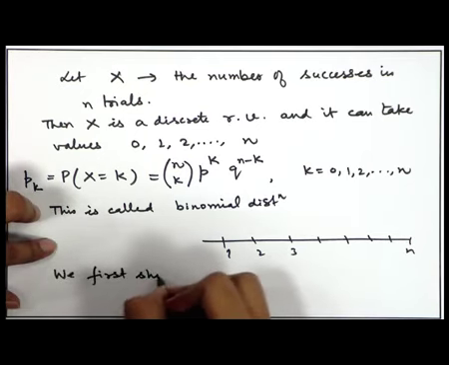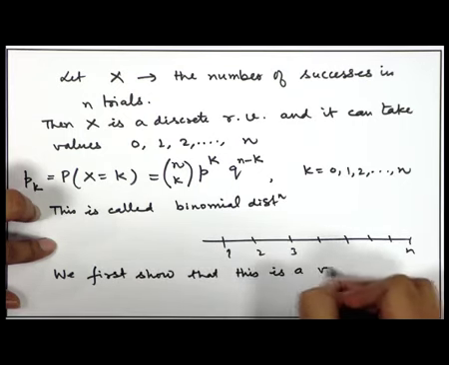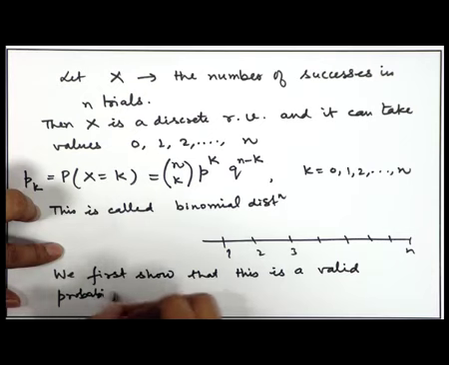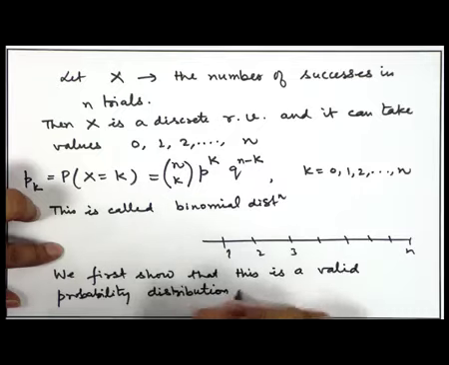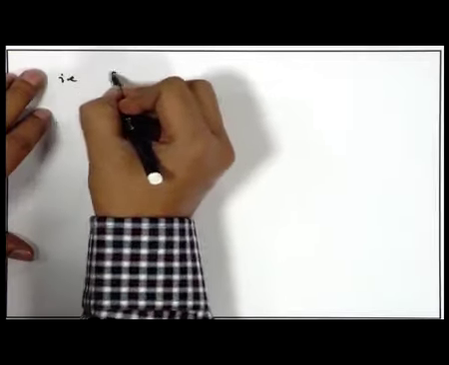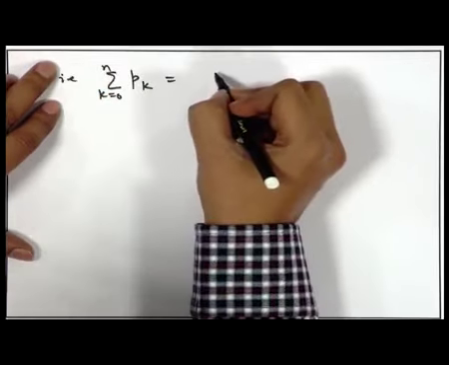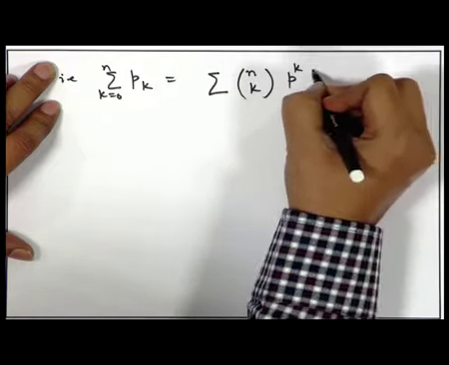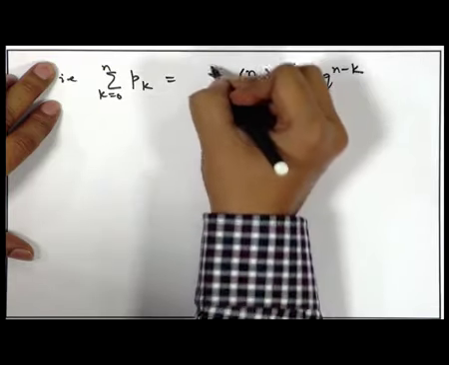We first show that this is a valid probability distribution. That is, sigma pk, k equal to 0 to n, must be 1. So, let us look at this. This is n c k p to the power k, q to the power n minus k, k equal to 0 to n.